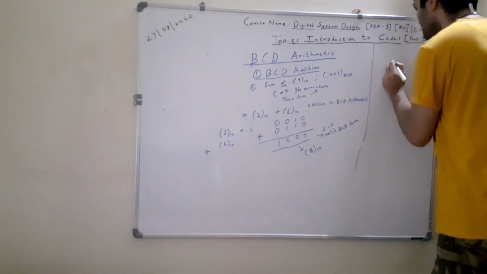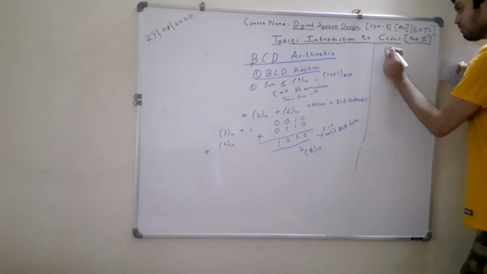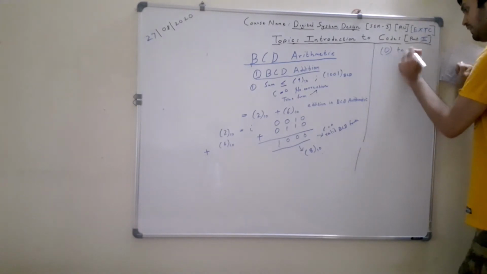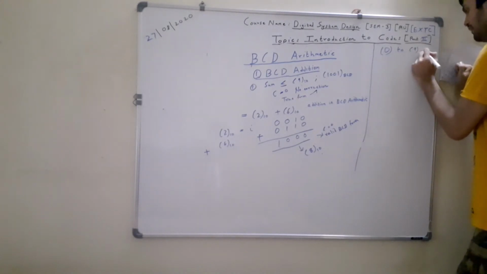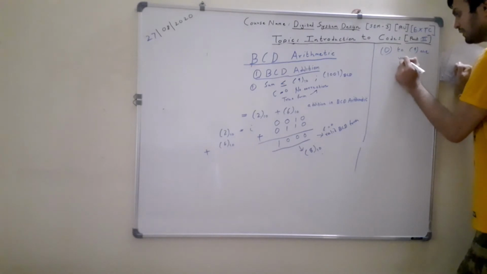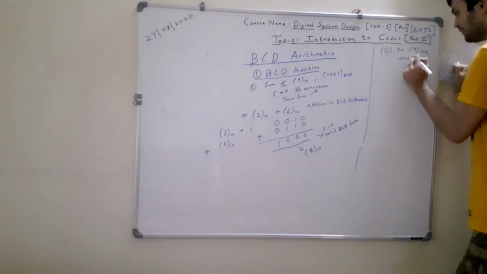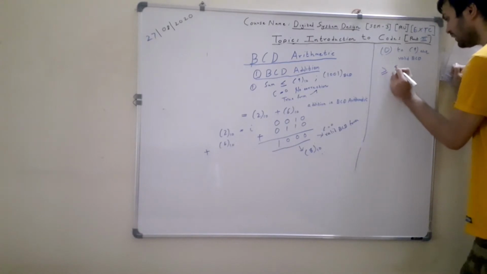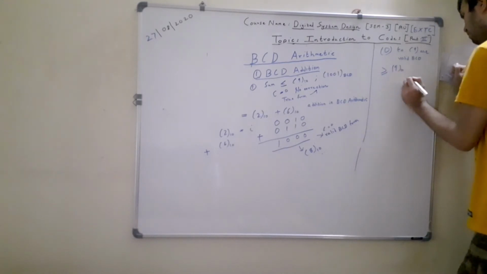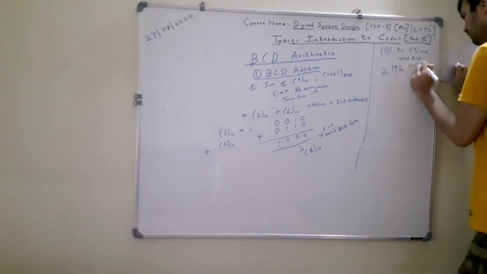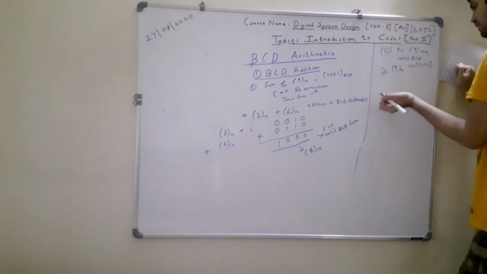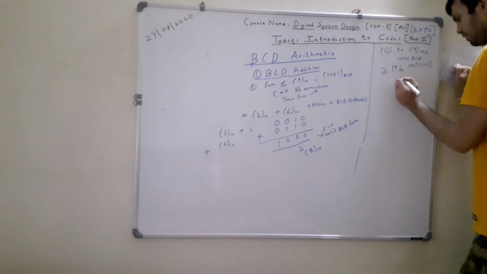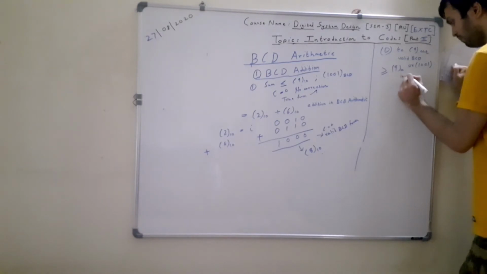Now remember, in the last class I told you numbers from 0 to 9 are known as valid BCD numbers, and numbers which are greater than 9, that is greater than 1001, are invalid BCD.